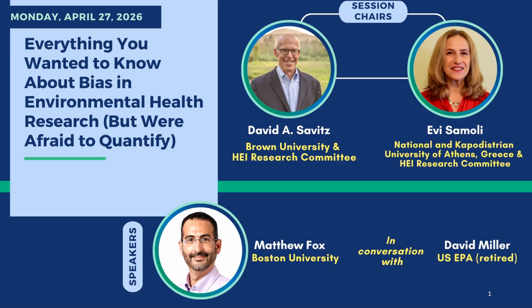Since retirement, he's remained active through HESI's Environmental Epidemiology for Risk Assessment Committee, which is now focusing on quantitative bias analysis, as chair of the recently formed Quantitative Bias Analysis Special Interest Group of the International Society of Environmental Epidemiology, and a guest editor on a special issue of Quantitative Bias Analysis in Global Epidemiology. He brings a valuable mix of regulatory, scientific, and practical perspective to today's conversation. So welcome, David.